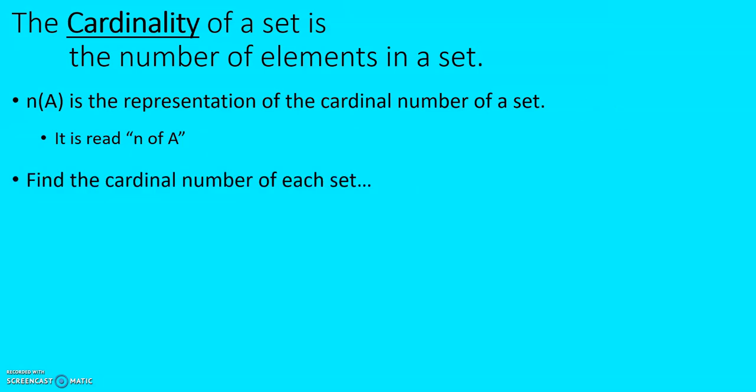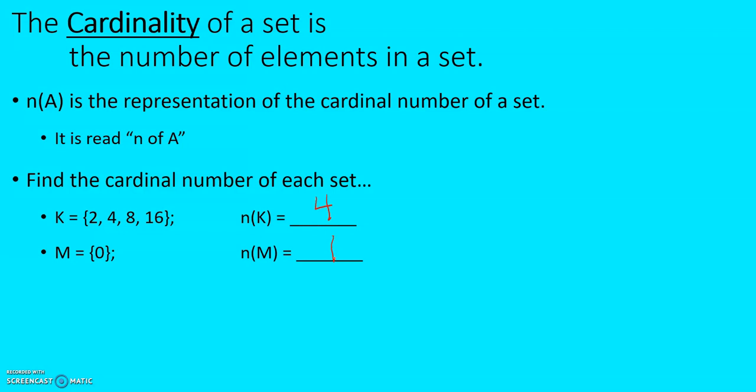We're going to find the cardinal number of each set. The set K includes the numbers 2, 4, 8, and 16. There are 4 elements in the set, so n(K) equals 4. M equals the set containing the number 0. n(M) equals 1.